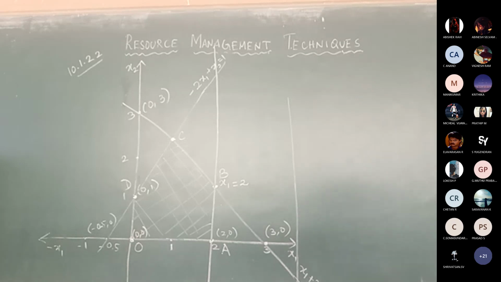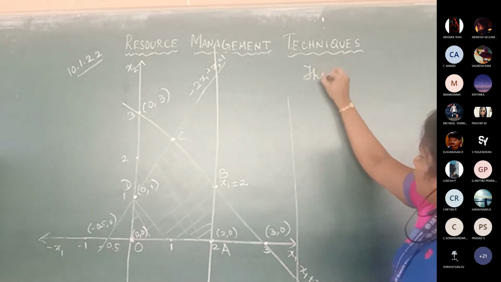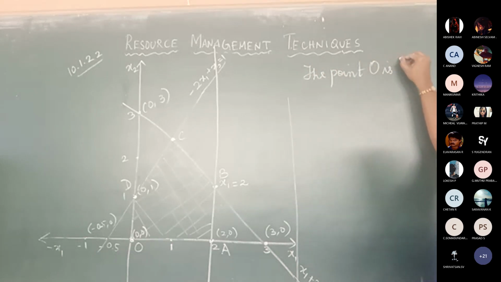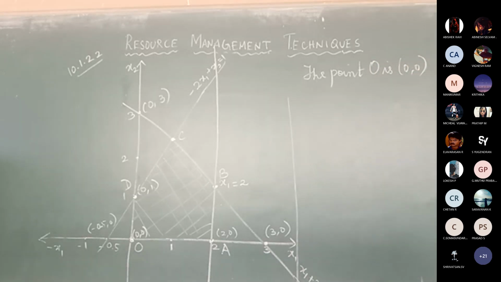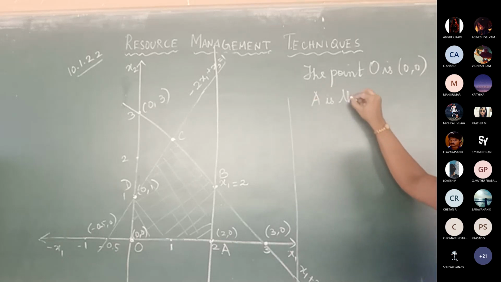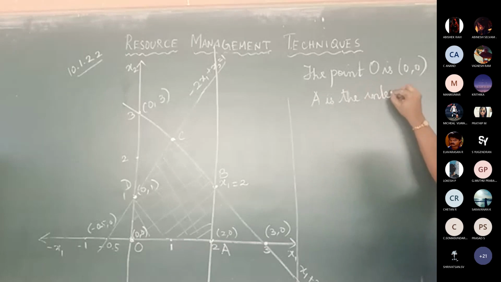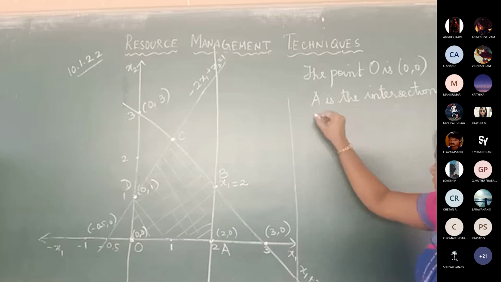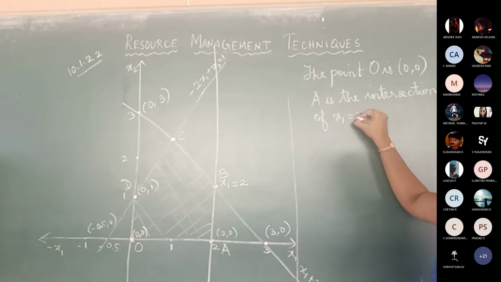So the point O is 0, 0. The point O is nothing but the origin. Next, we will go on to A. A is the intersection of x1 is equal to 2.